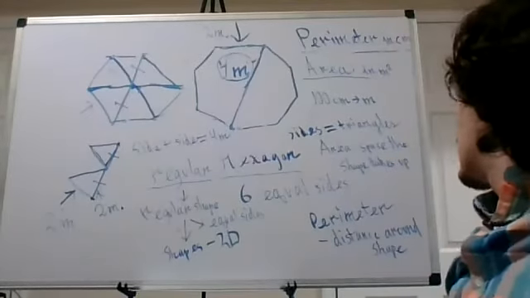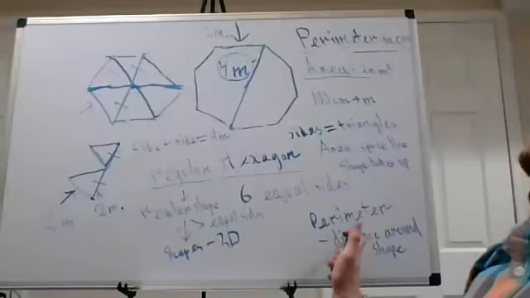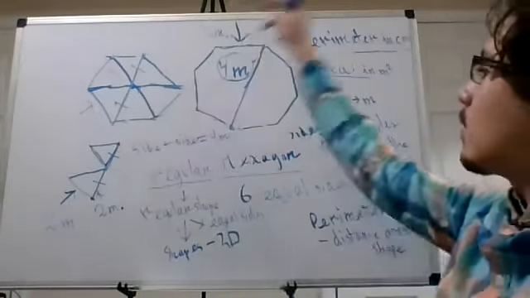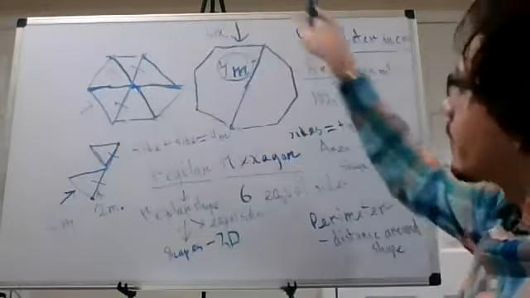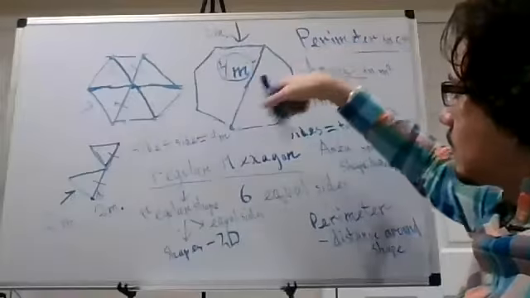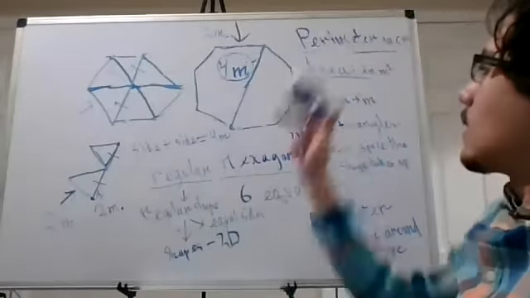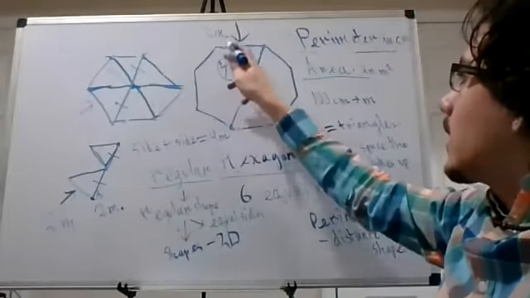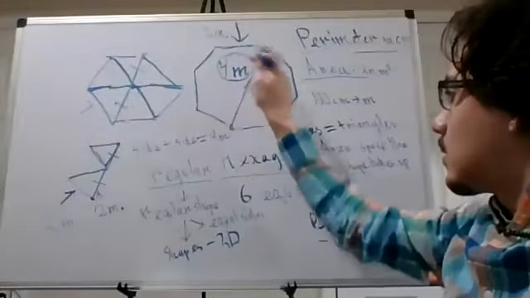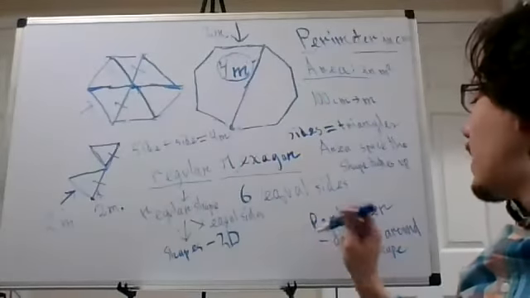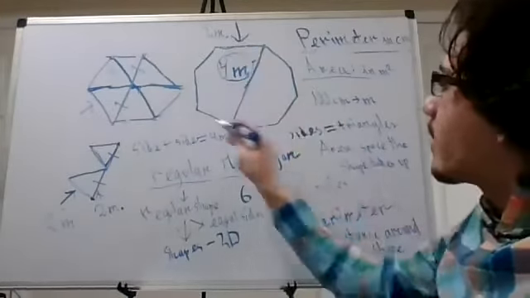Okay, so we said that the perimeter is the distance around the shape. Each of these sides together make up the perimeter of the shape.